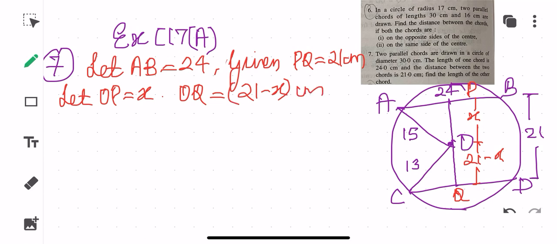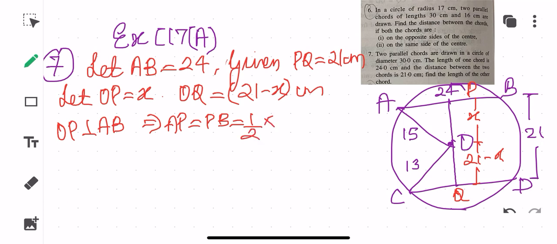And now we'll start the solving part. You will write that OP is perpendicular to AB. This implies AP is equal to PB, and this in turn is equal to half of 24, which is equal to 12 centimeter. And then what you have to write, children?